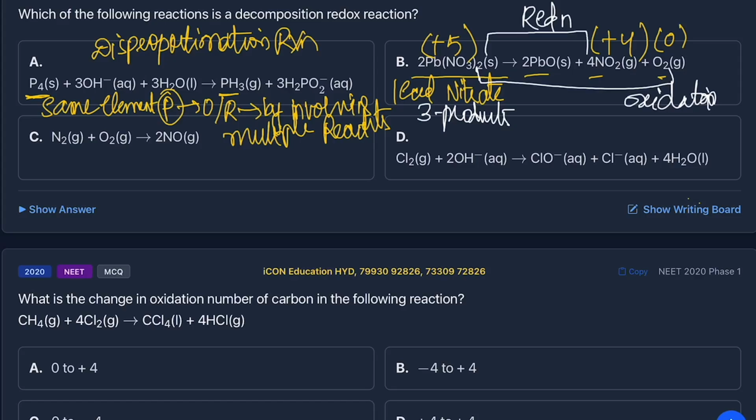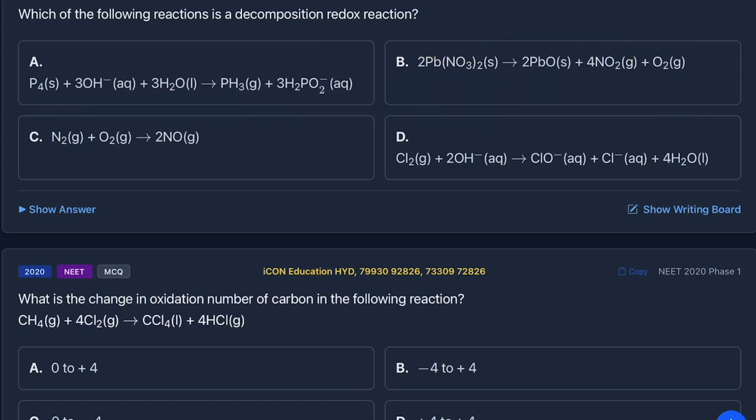And next, if you can see option 3, N2 plus O2 gives rise to 2NO. This is called the combination reaction. Combination redox reaction we can call.